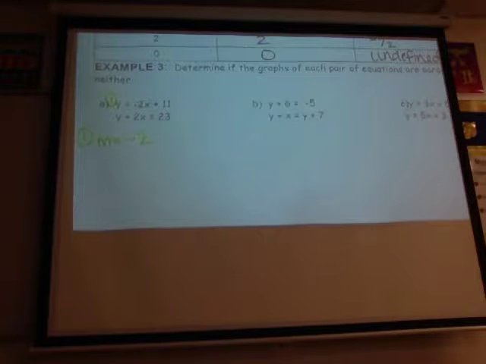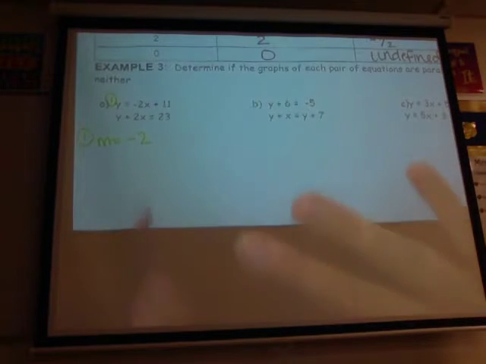Don't include the x. What does the 11 tell us? What's the b? The 11 tells us where it crosses the y-axis. It's the y-intercept. Okay? We don't need that as of right now.